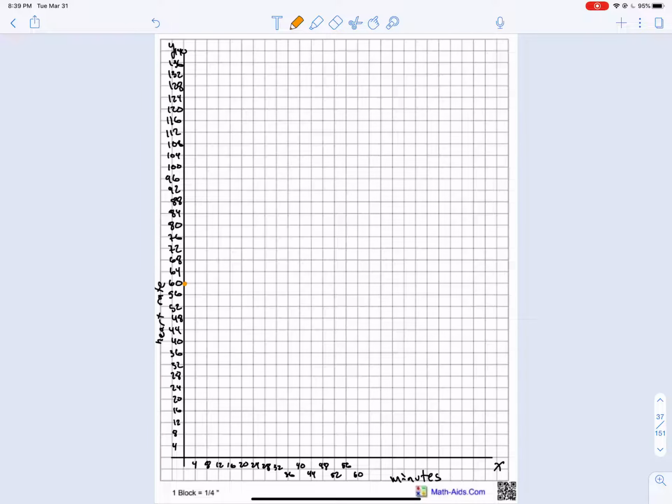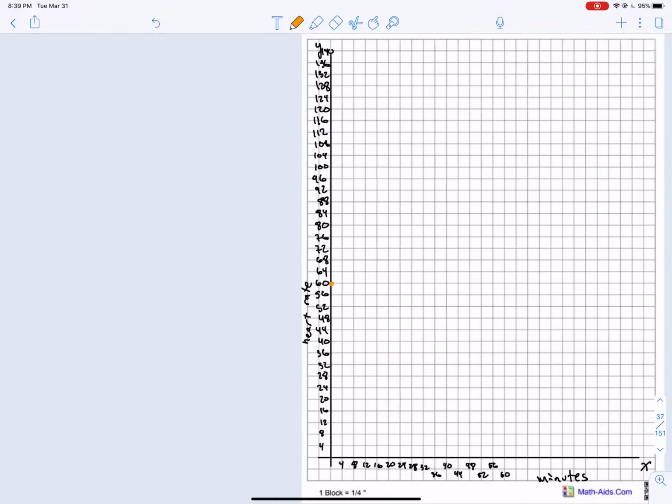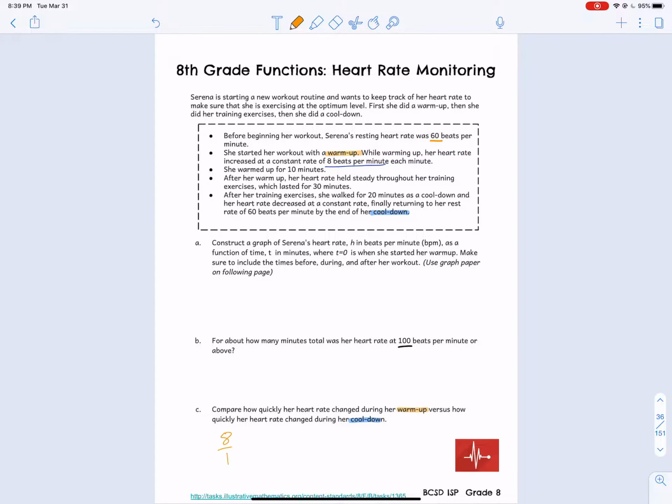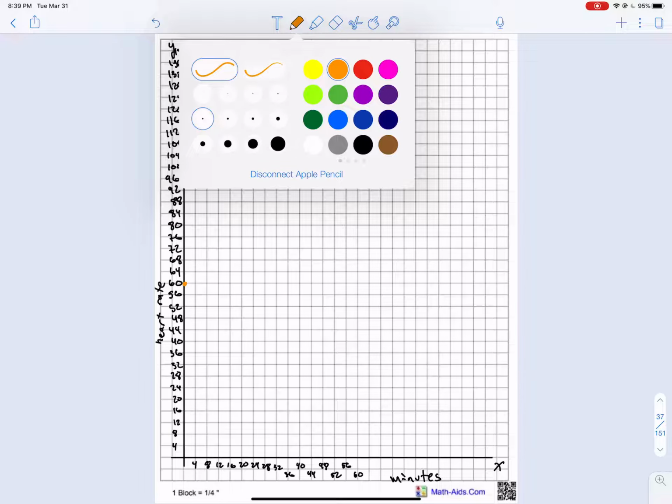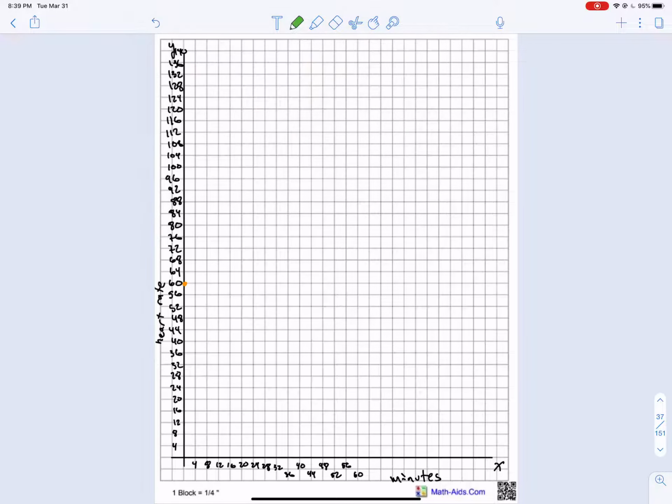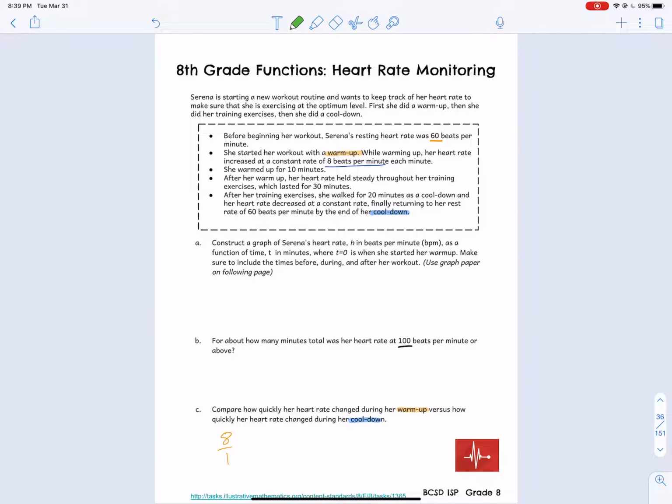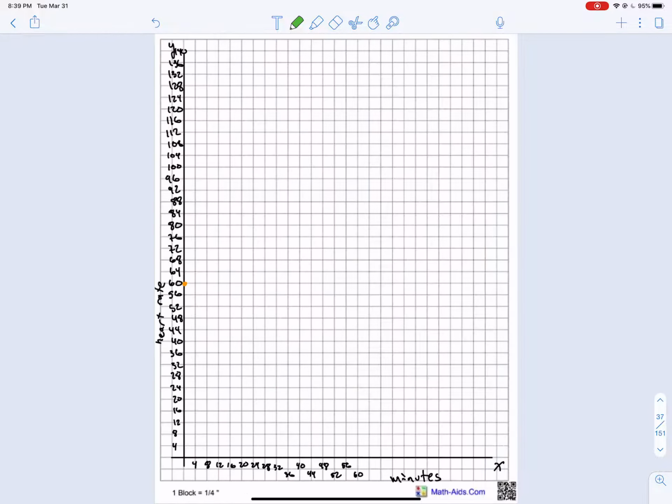Then she warmed up for 10 minutes. I'm going to draw some light colored lines at 10 minutes, just so we know when to stop. Halfway between 8 and 12 is 10.